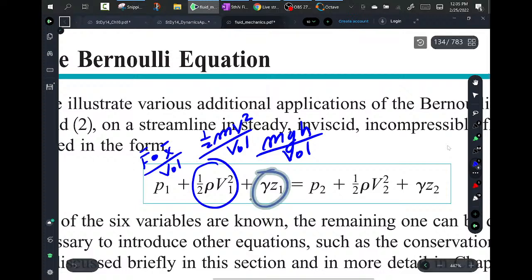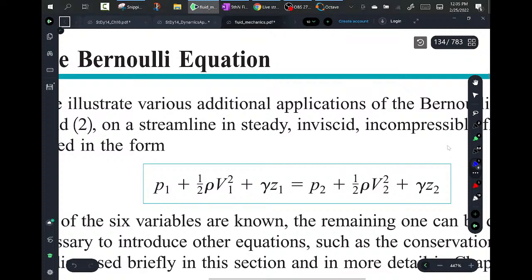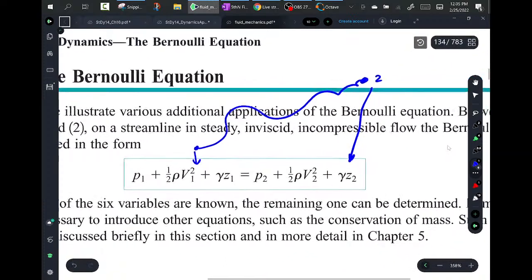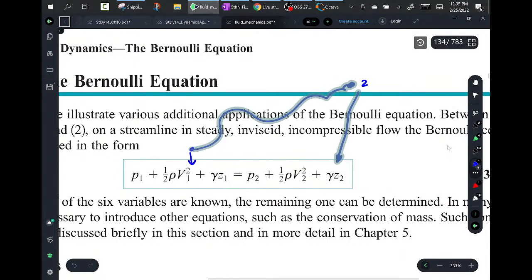So with this, it's pretty apparent that this is nothing more than an energy equation, and in fact that's all it is. If you're at some spot in the fluid, you flow and you can get to some other spot too, then the energy should be the same if the flow is inviscid.